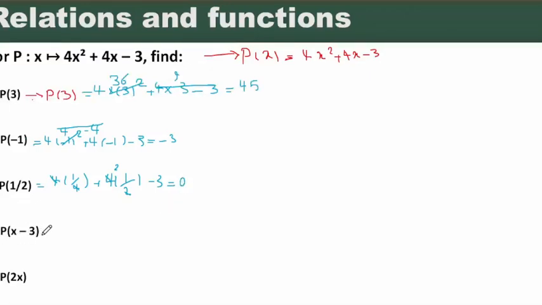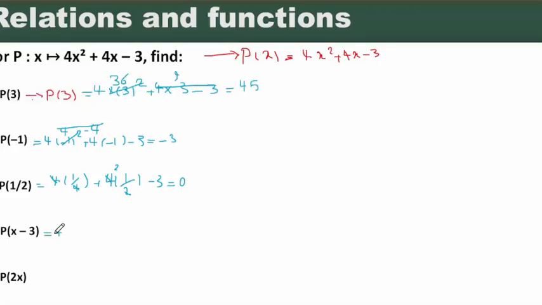p of x minus 3, instead of x, I will put x minus 3. That means I substitute x minus 3 in this expression. Let me do it.